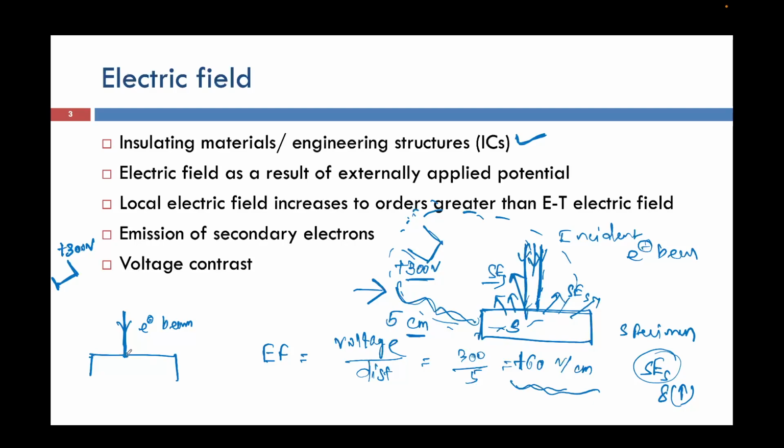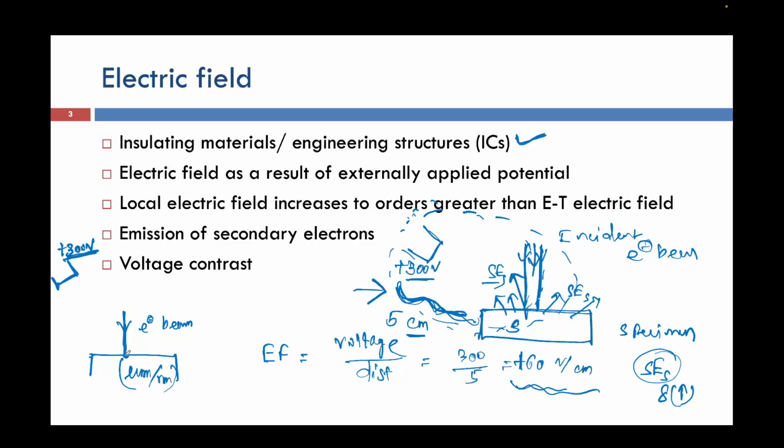This distance will be in the order of micrometer or nanometer, right? So whatever this voltage was trying to accelerate, all the large amount of secondary electrons from a bulk scale, if I go to a very small scale, then what will happen?